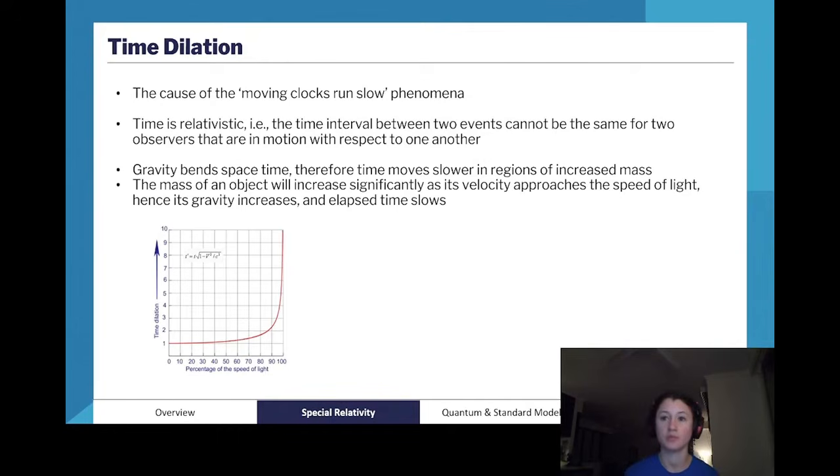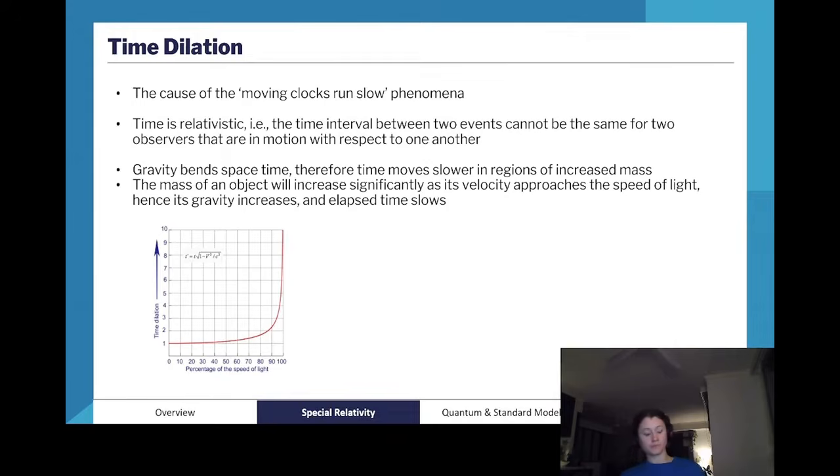If two observers are seeing the same light, they're going to see that light as traveling at the same speed. However, if those observers are traveling at different speeds themselves, yet they're still seeing the light travel at the same speed, this is going to have consequences on the time experienced by both of those people.